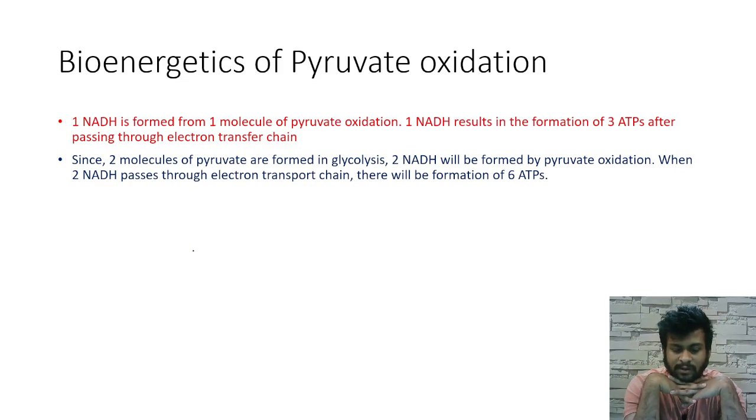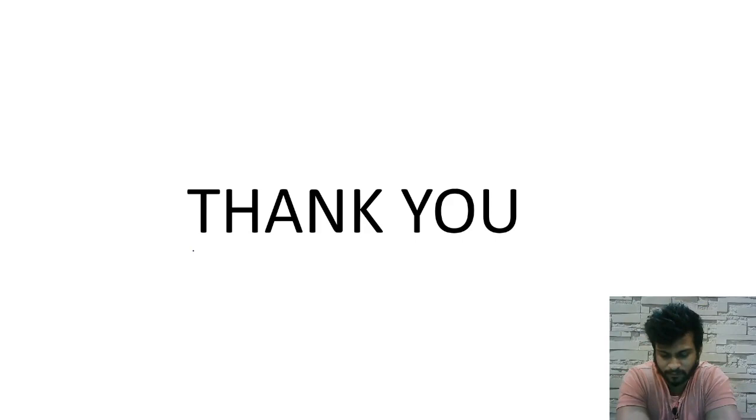In the Krebs cycle, we will discuss the remaining ATPs which will be formed, and at the end of Krebs cycle, we will calculate how many ATPs are formed from complete oxidation of 1 glucose molecule. Okay, so I hope you have understood this topic. This topic is a little complicated, and in the reference book it is given in a more complicated way.